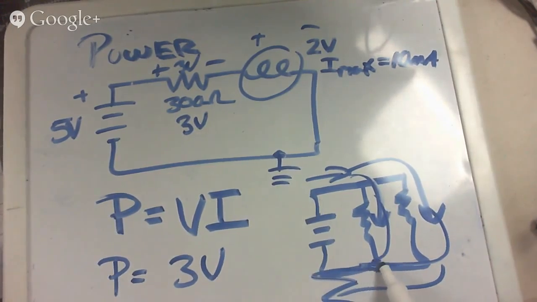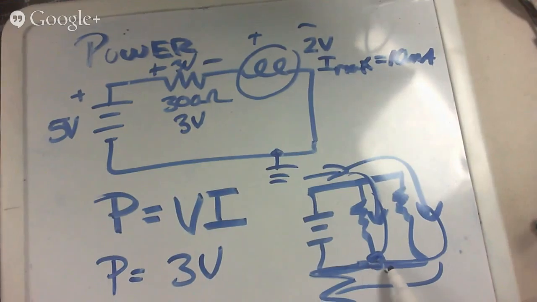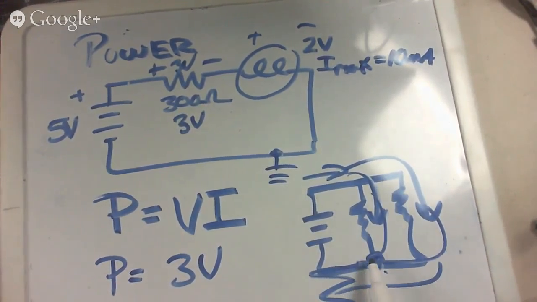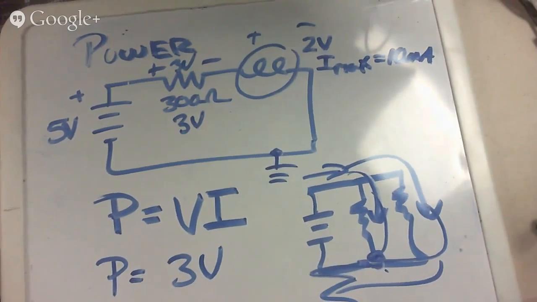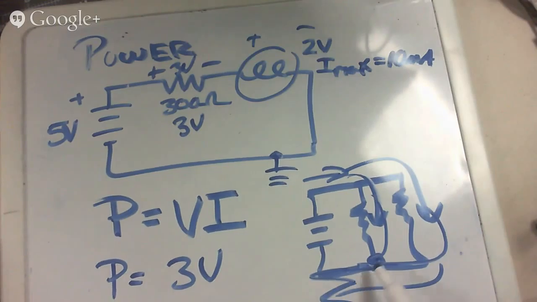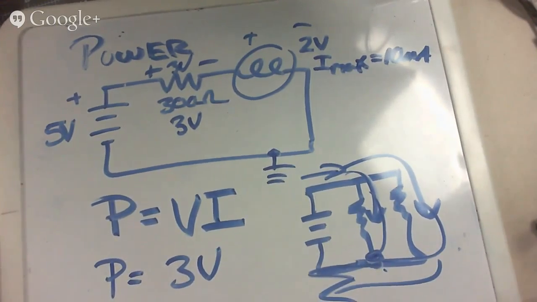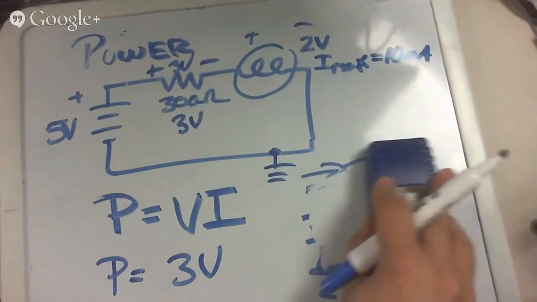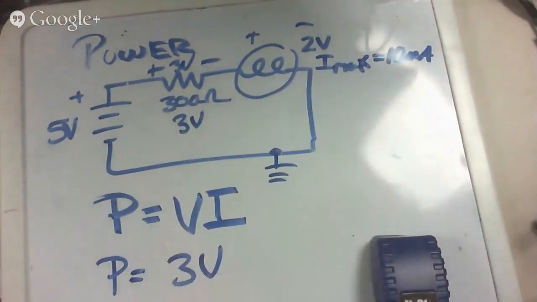So at every node, the current that goes into it, all the different ways that current comes into it, and all the different ways the current leaves, has to equal. It has to be a zero. There is no leftover current that gets stuck in the node. All current comes in, all current goes out. Same thing with the voltage drops around the circuit. All voltage gains must be countered with voltage drops.